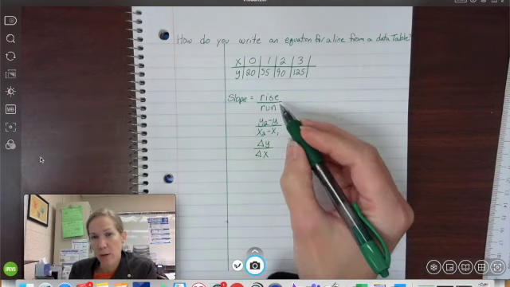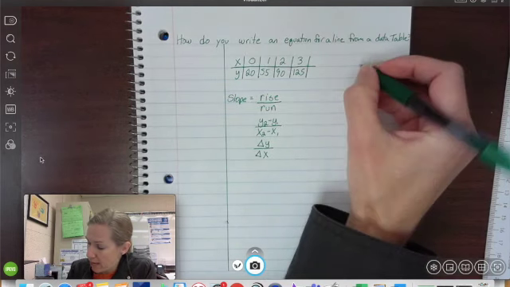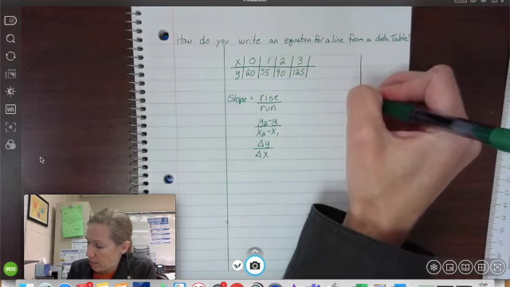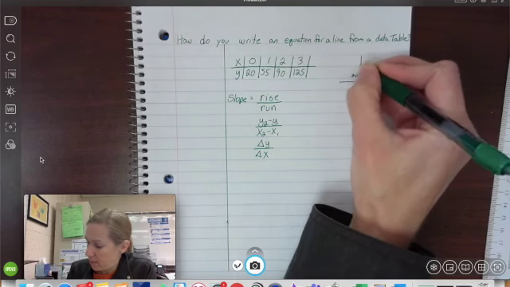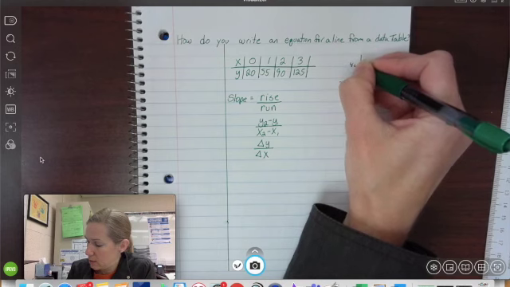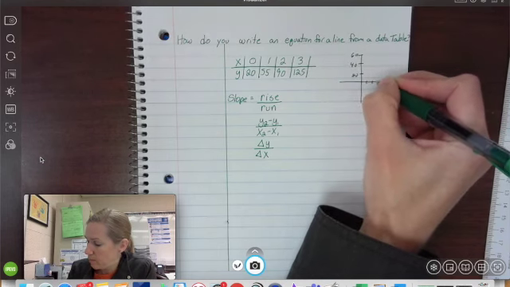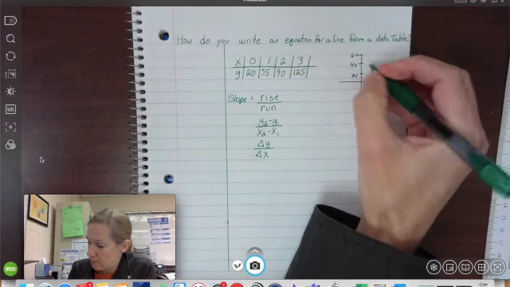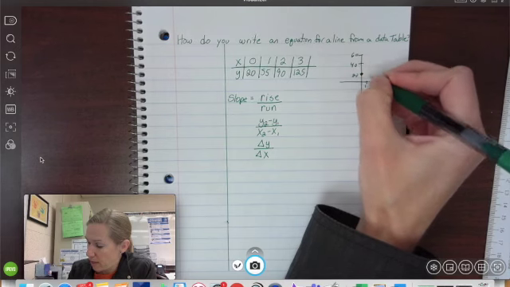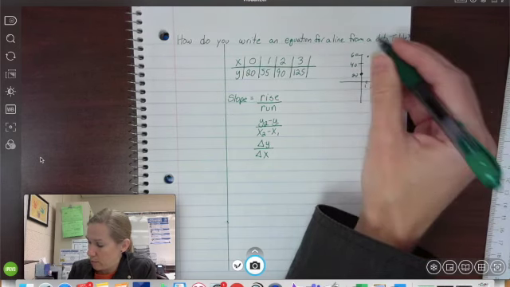So rise over run works the best when you have a graph. So if we had a coordinate plane and we were able to graph this, and it went up by 40, we would have a point at 0, 20, 1, 55, 2, 90, and so on, okay?